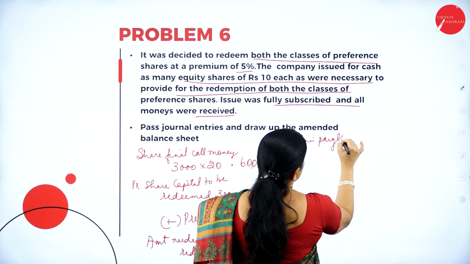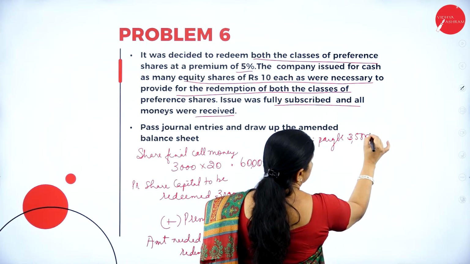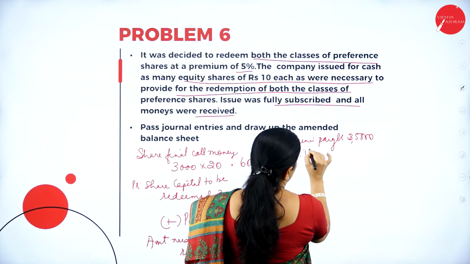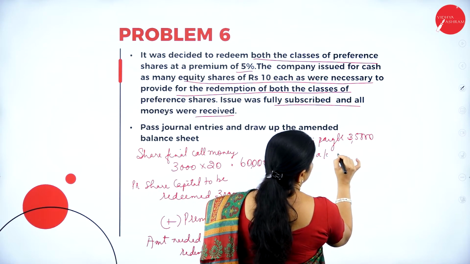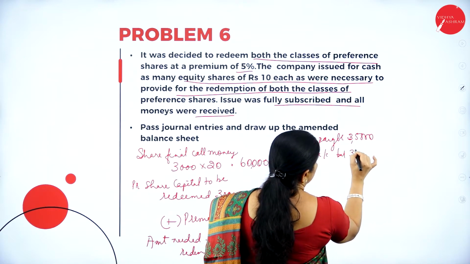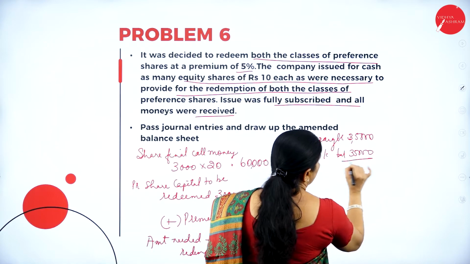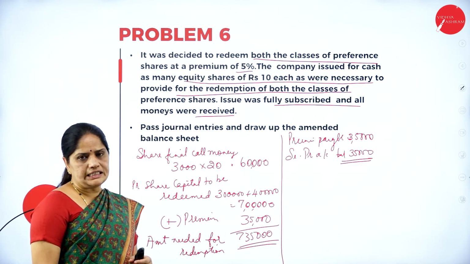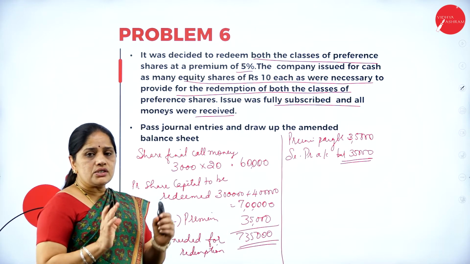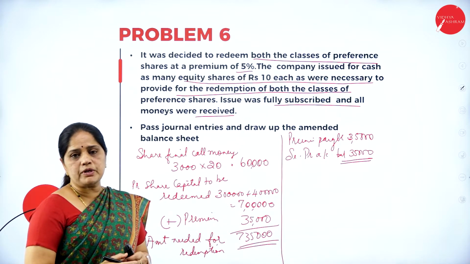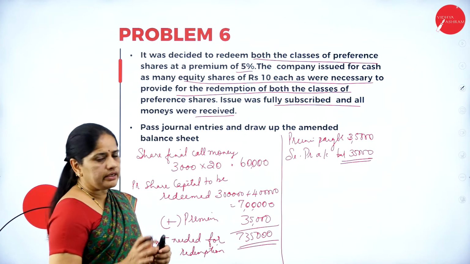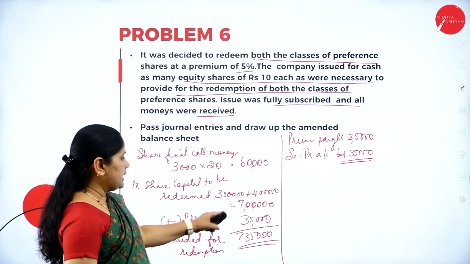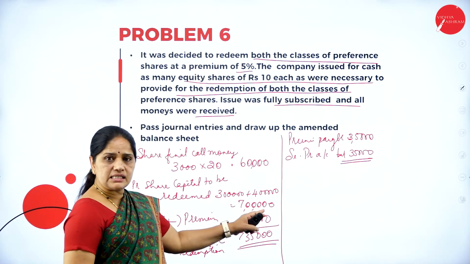Premium payable is 35,000. So I will debit securities premium account 35,000. So from the securities premium account, I am taking this 35,000. So it is sufficient. So what will be the balance in securities premium account? 15,000.